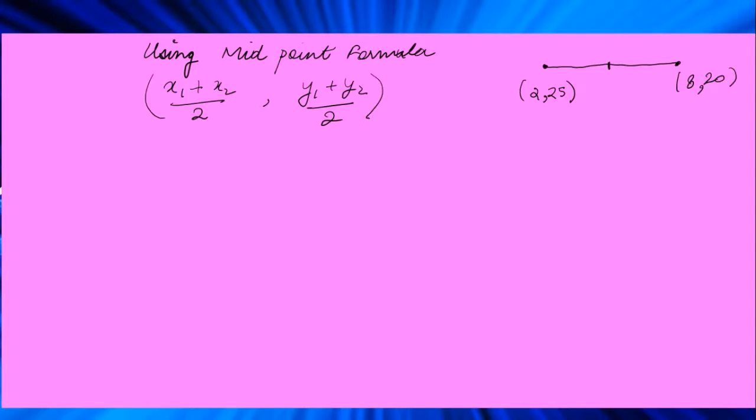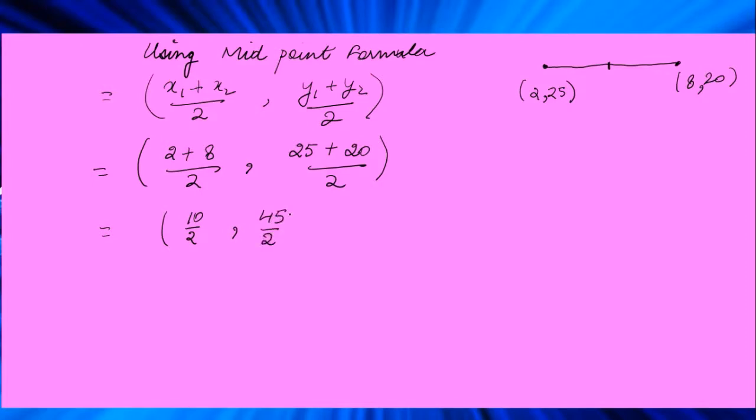So you can write it as (2 plus 8) by 2 and (25 plus 20) upon 2. So it will be 10 by 2 and 45 upon 2, so it is 5 and 22.5.